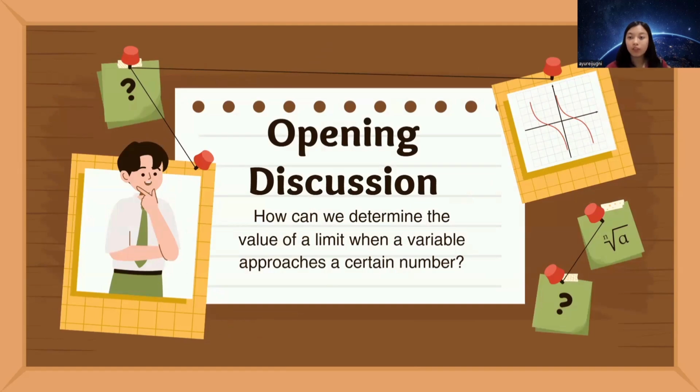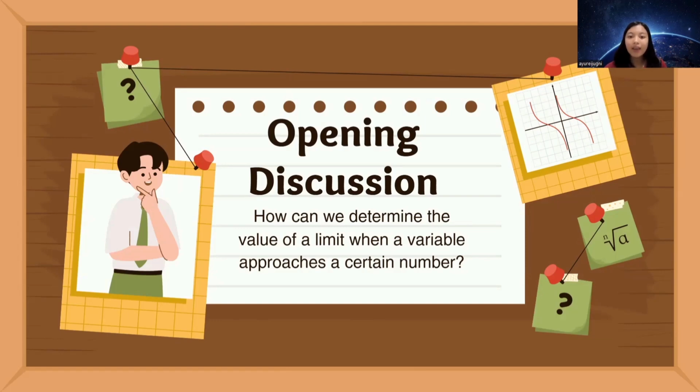Before we discuss the formula, let me ask you a simple question. How do you think we can determine the value of a function when the variable gets very close to a certain number? You can think about it first.